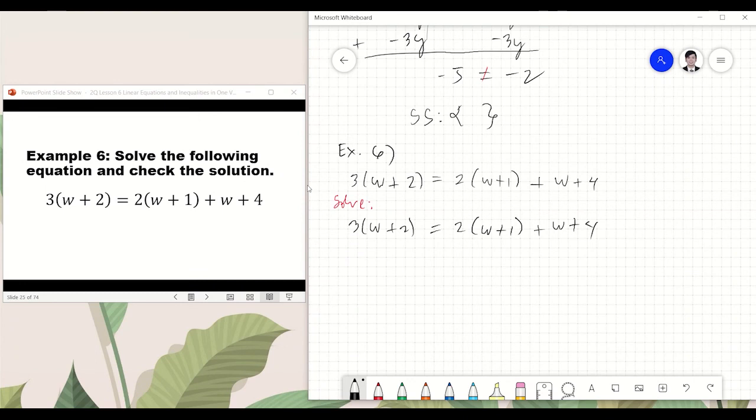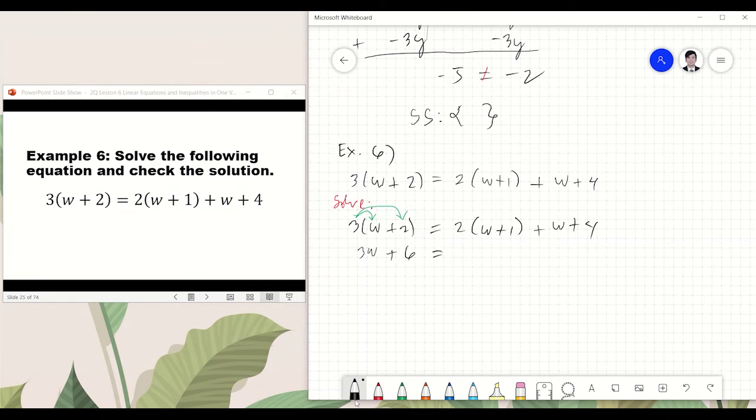Sa left side, meron tayong 3 times the quantity of w plus 2. So, we need to distribute the 3 to w, and to 2.